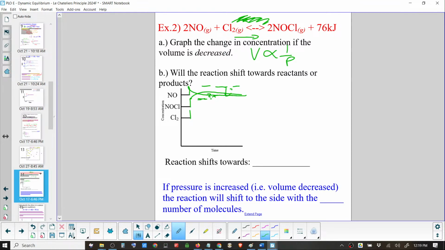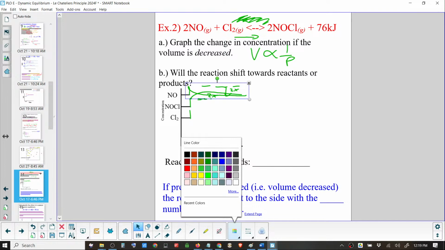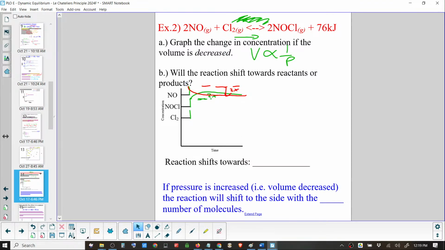This is now going to get messy. Let's make that a different color. We've got orange or red. There we go. And then our Cl2, shifting away, should go down by 1. So by increasing 2x, we actually get to go down by 3x.